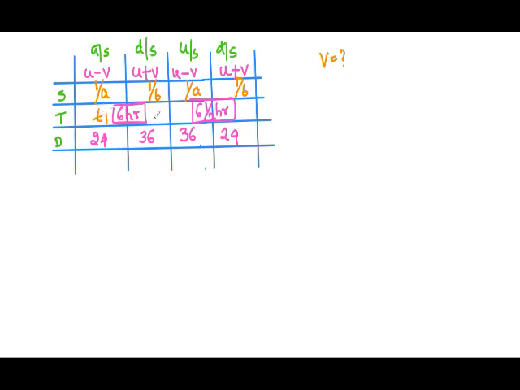Suppose this is the time t1 and this is the time t2, then we can write t1 plus t2 is equal to 6 hours. The total time they have taken is 6 hours.